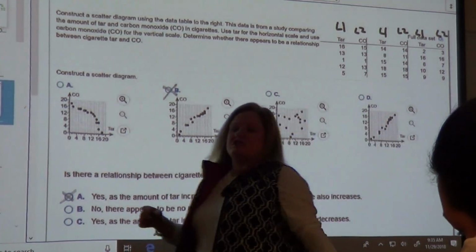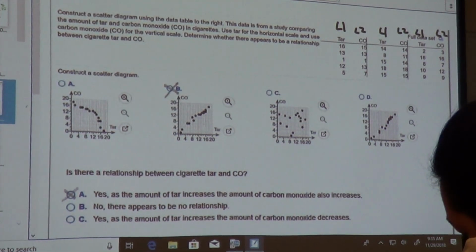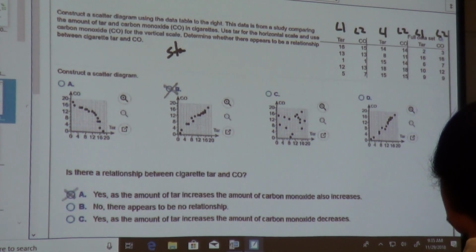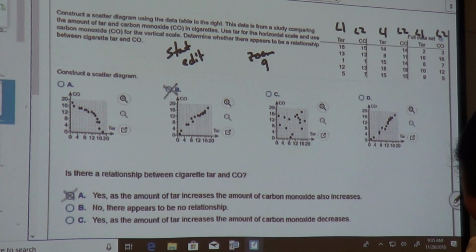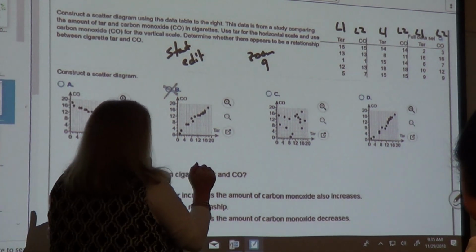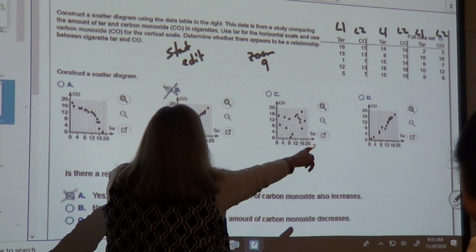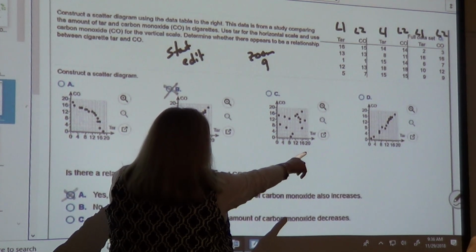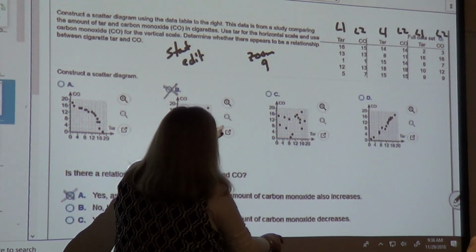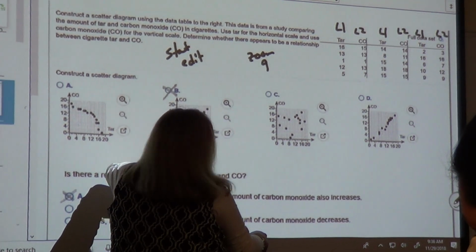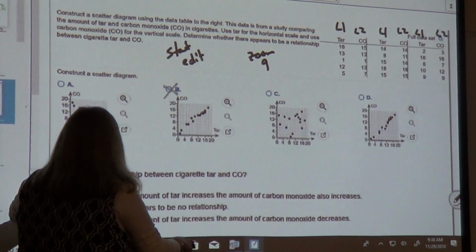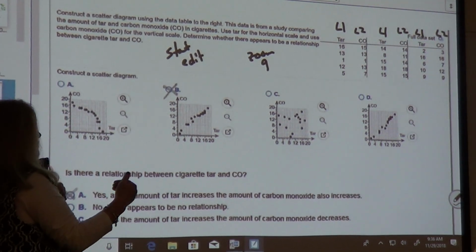You would do your Stat Edit, and then just do Zoom 9 and look at it. There would only be one set of data that's going to match. These look really close, but only one is going to match, and that's going to be this one.